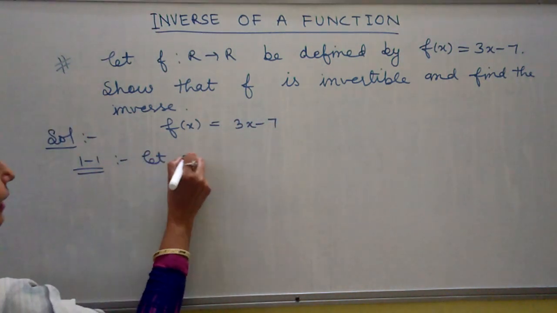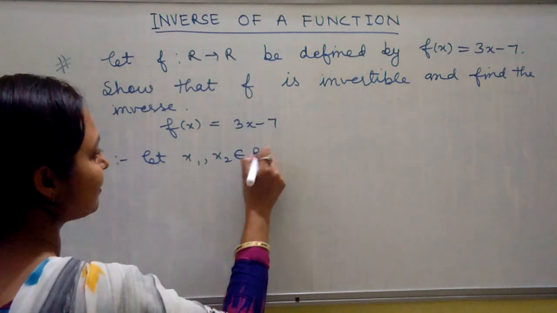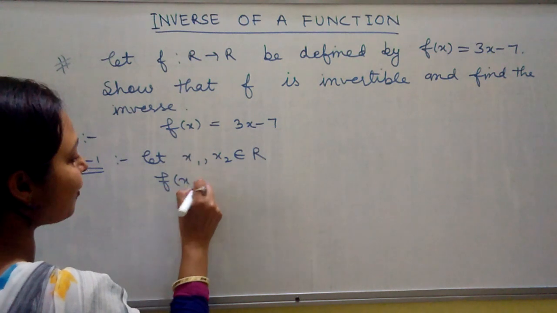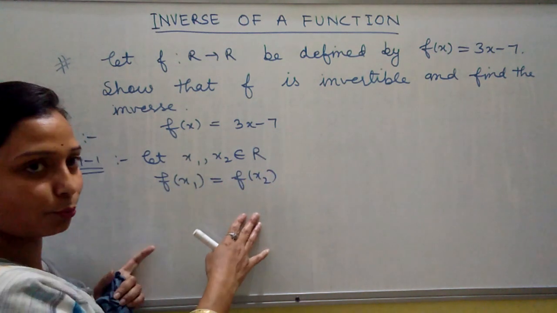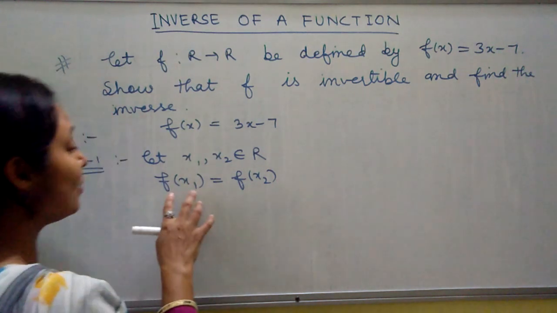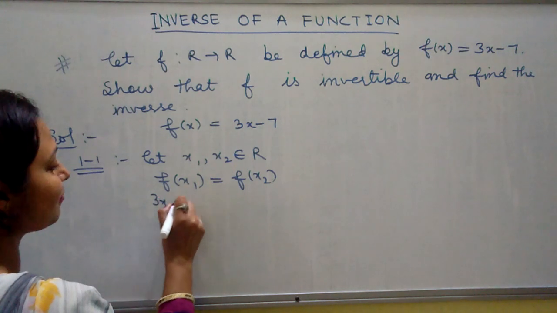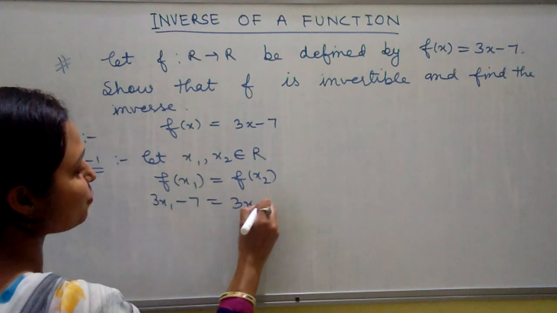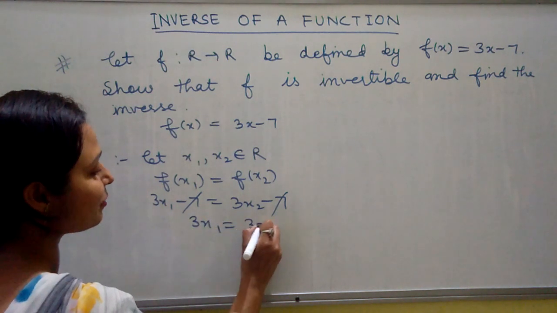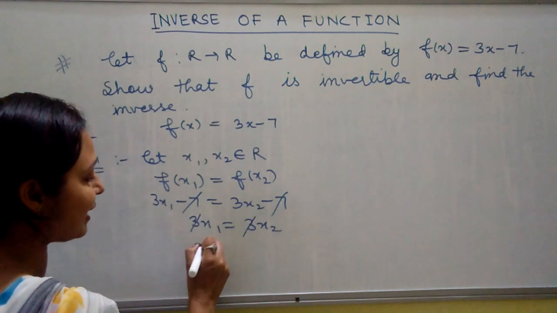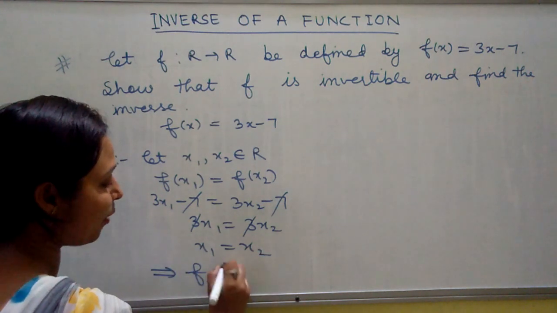Let x1 and x2 both belong to real numbers. I always start from f(x1) = f(x2) for finding 1-1. So 3x1 minus 7 equals 3x2 minus 7. This and this will cancel. We have 3x1 = 3x2, 3 and 3 cancel, x1 = x2. This implies f is 1-1.